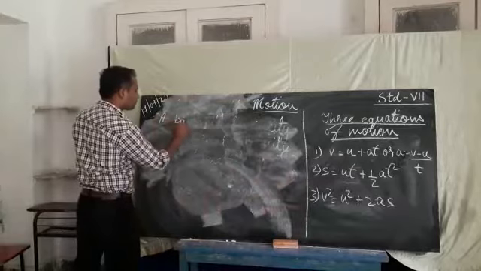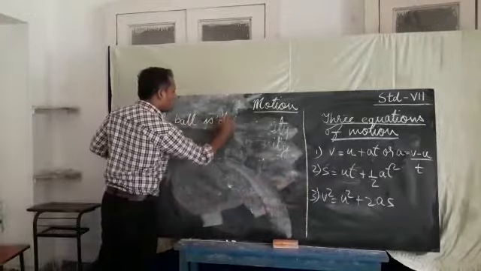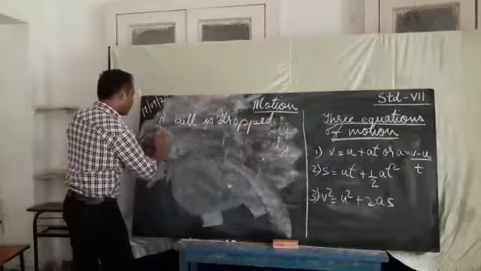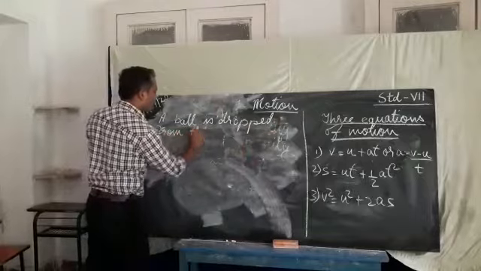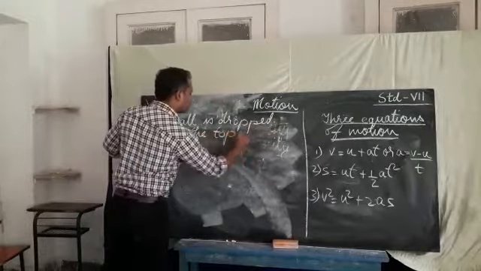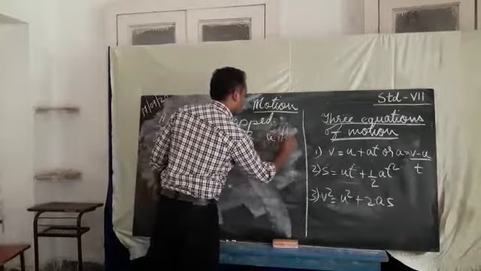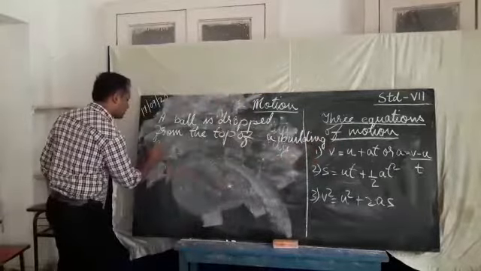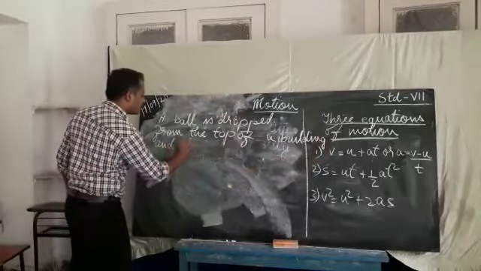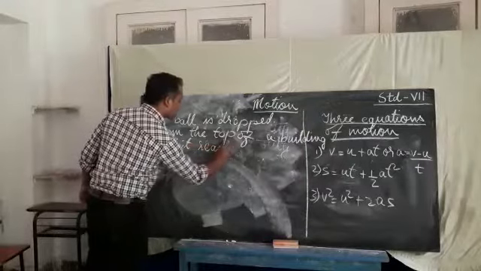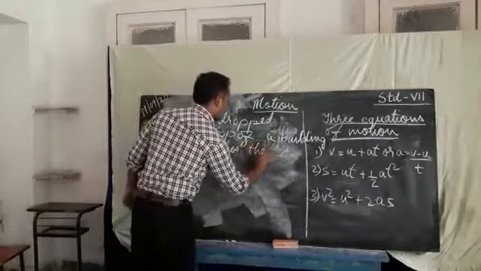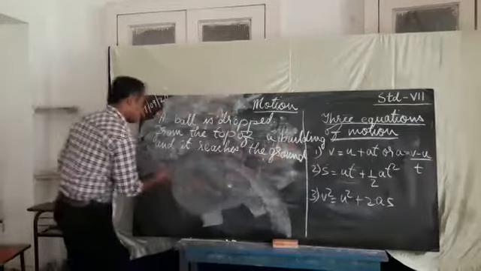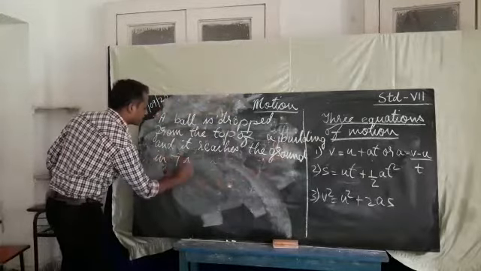A ball is dropped from the top of a building and it reaches the ground in 7 seconds.